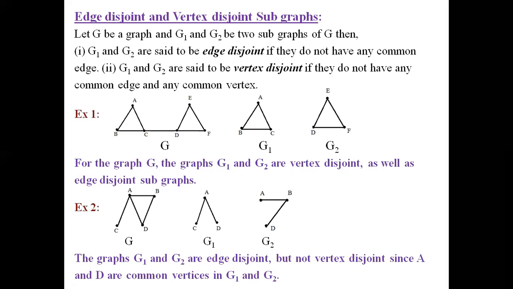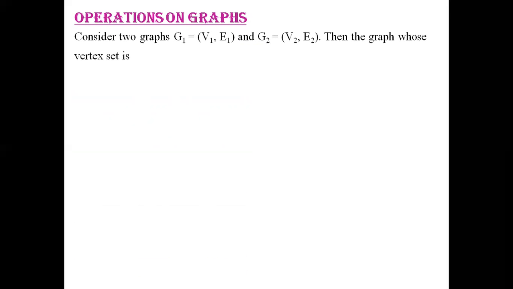So that's about edge disjoint and vertex disjoint subgraphs. Next, we consider operations on graphs. Consider two graphs G1 equal to (V1, E1) and G2 equal to (V2, E2).